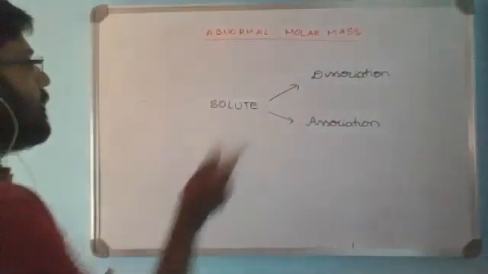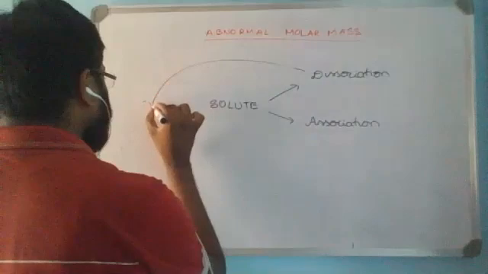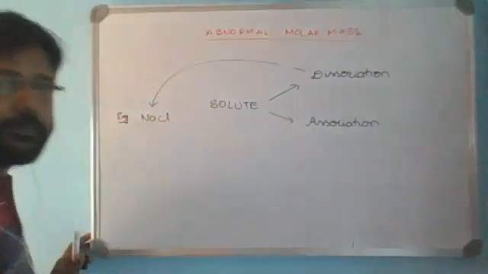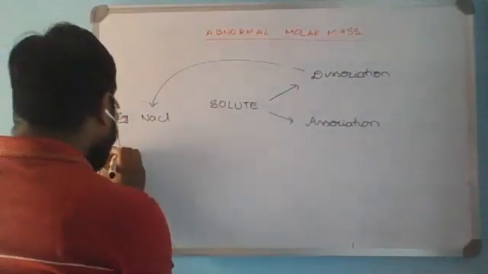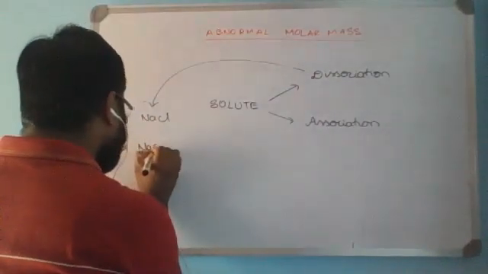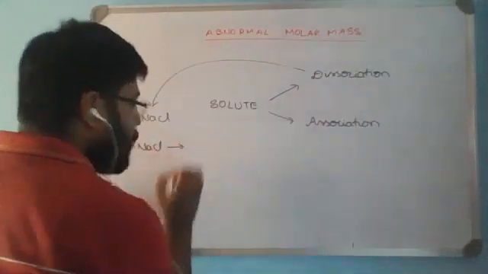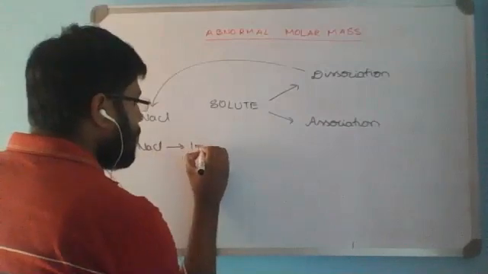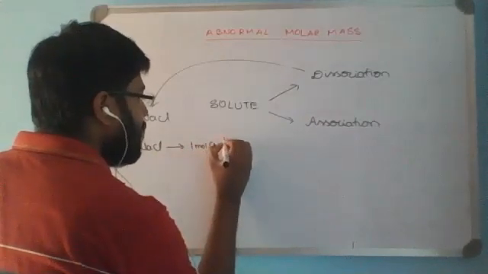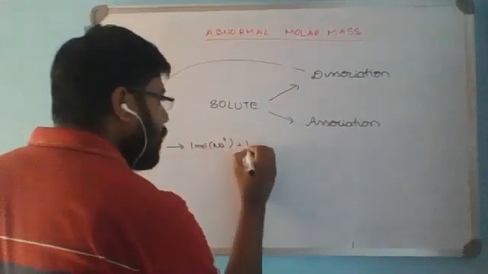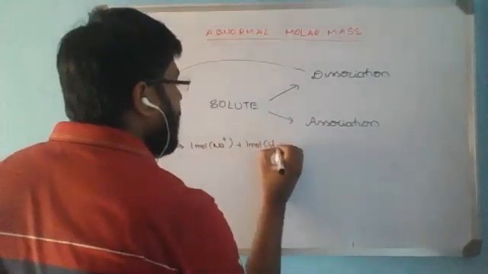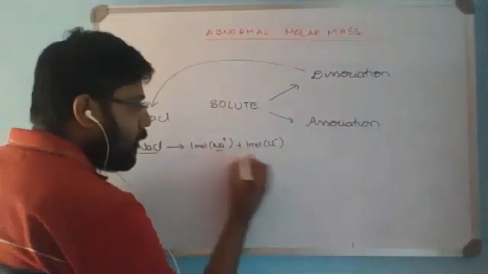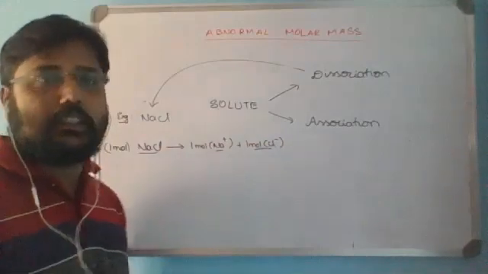So we'll take a simple example. For dissociation of the solute, we'll take the example of NaCl, sodium chloride. If you take 1 mole of NaCl and add it into a suitable solvent, for example water, 1 mole of NaCl will produce 1 mole of sodium ions and 1 mole of chloride ions. That means the electrolyte is giving 2 dissociated ions in the solution.